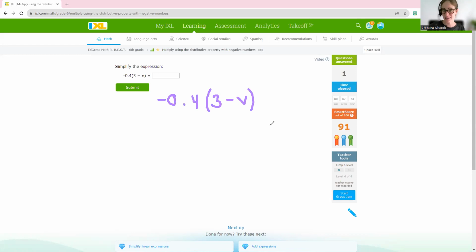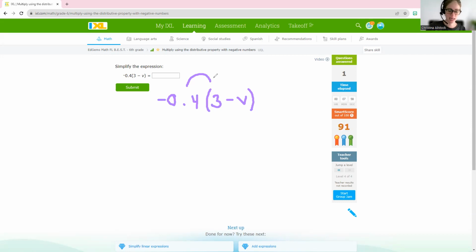Can we do what's inside the parentheses first? Nope, no like terms. The 3 does not have a variable. The v is 1. But the way we can simplify, the way we can get rid of those parentheses is distribute. We can distribute that negative 0 and 4/10. We can multiply that negative 0 and 4/10 by everything inside the parentheses.